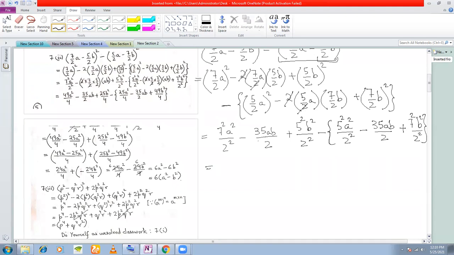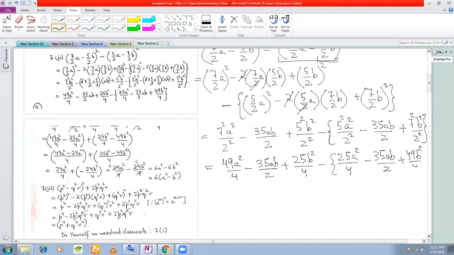So now this will be 49a² by 4 minus 35ab by 2 plus 25b² by 4, minus, here you have 25a² by 4 minus 35ab by 2 plus 49b² by 4. Now you open the curly bracket.